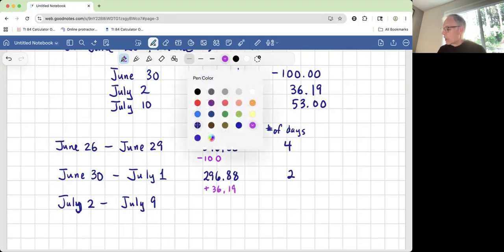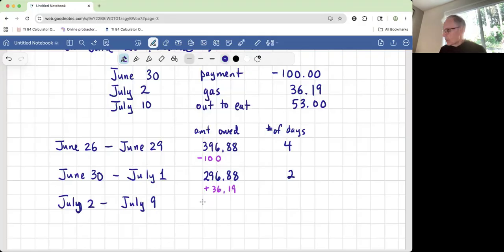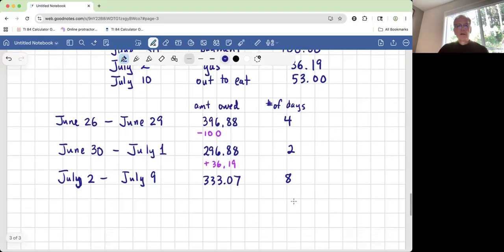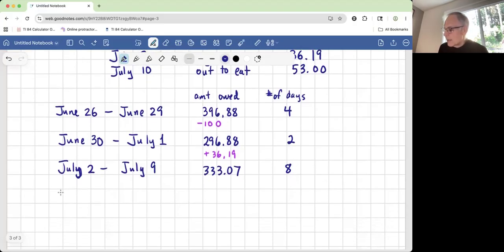So I have to put plus 36.19, and then for those number of days, we actually owe 333.07. July 2nd to July 9th is going to be 8 days, right? 2, 3, 4, 5, 6, 7, 8, 9. 8 days.